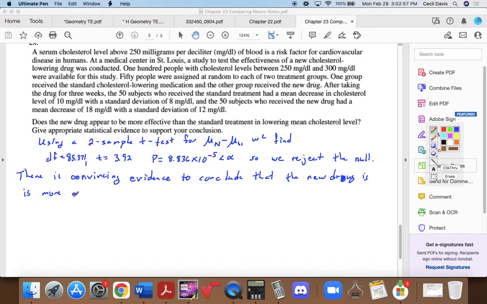If I put that it works wonders on my test, will they count it right? They probably wouldn't. And again, this is where you can just kind of parrot what they asked. It's more effective than the standard treatment in lowering mean cholesterol level.